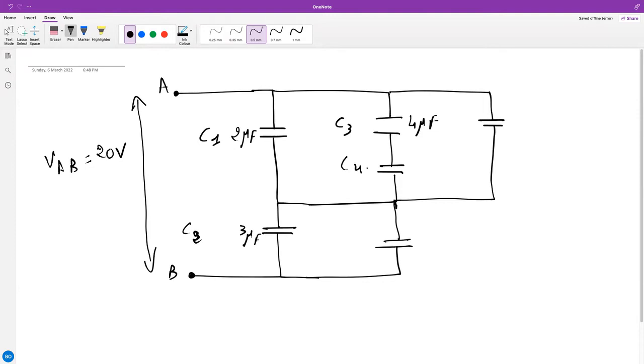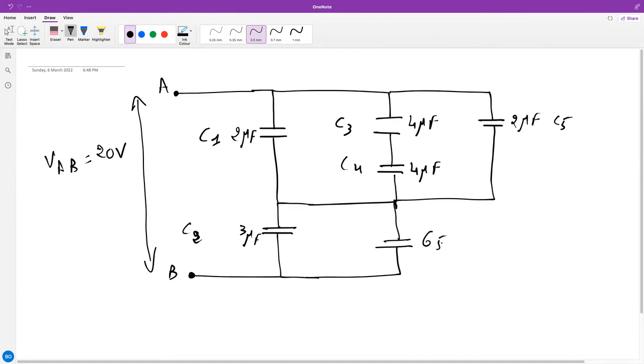This is C4, which is 4 microfarad, and this is 2 microfarad, and I will call it C5, and this is C6. C6 is 3 microfarad.